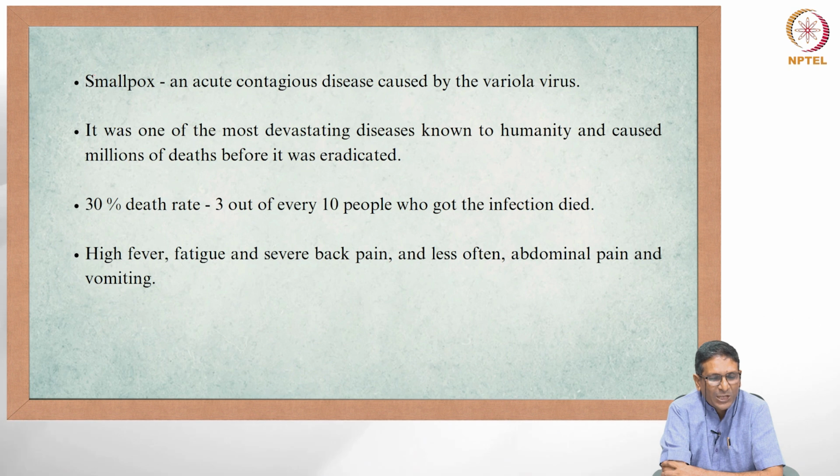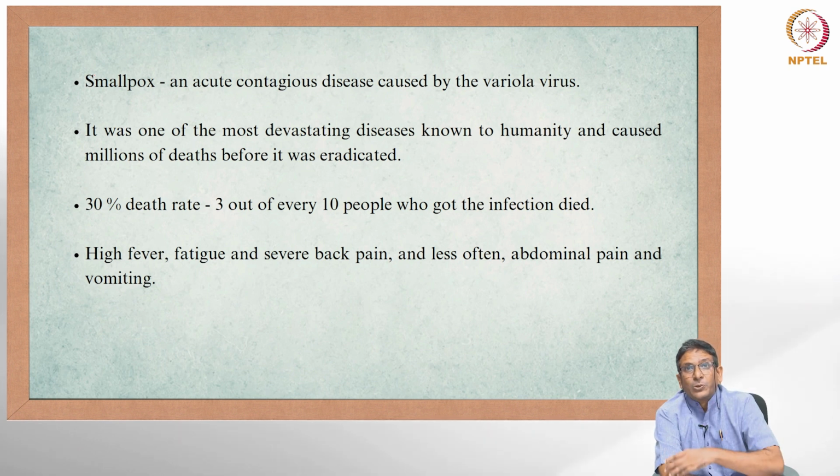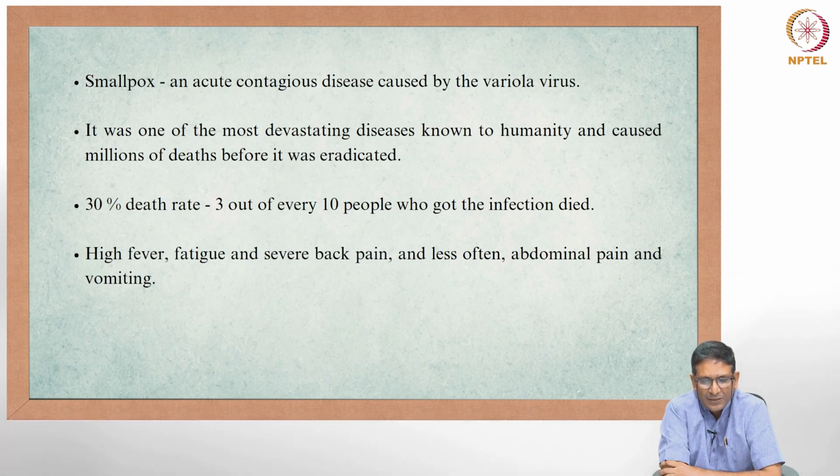It was an acute contagious disease caused by the variola virus, and it was one of the most devastating diseases known to humanity, and it caused millions of deaths before it was finally eradicated about some 50 years ago in the 1970s.